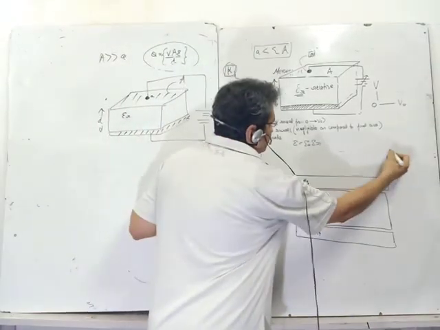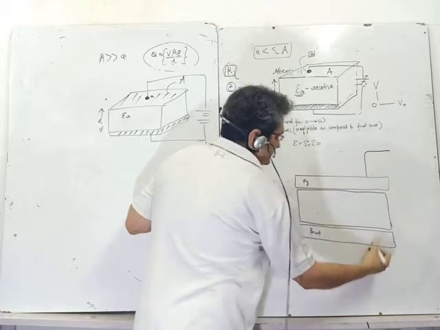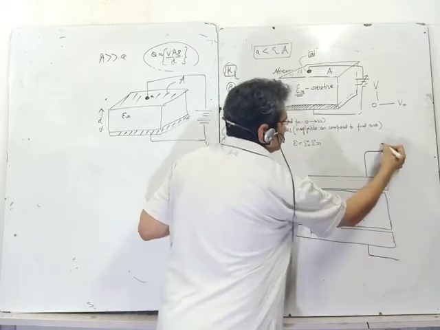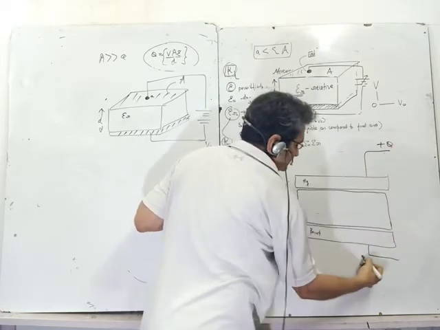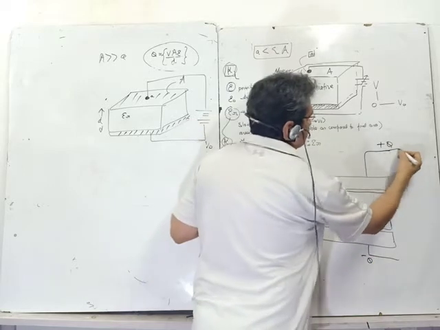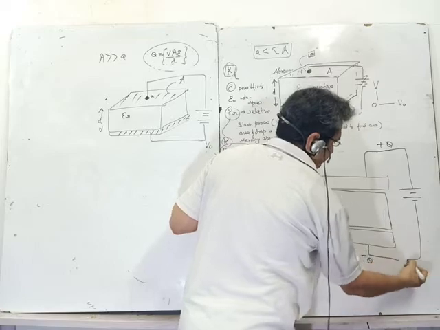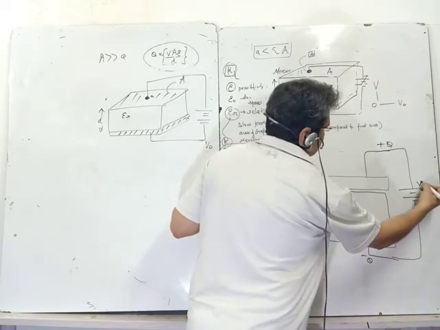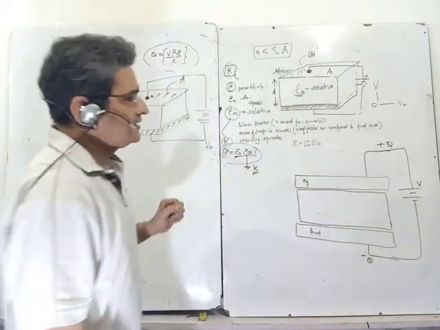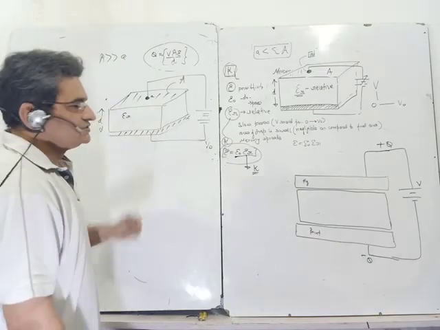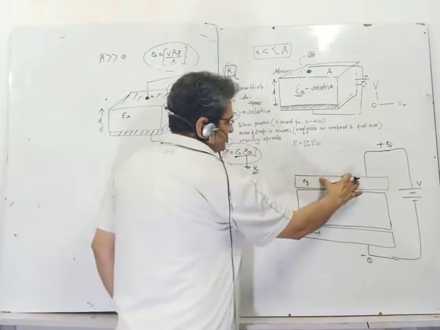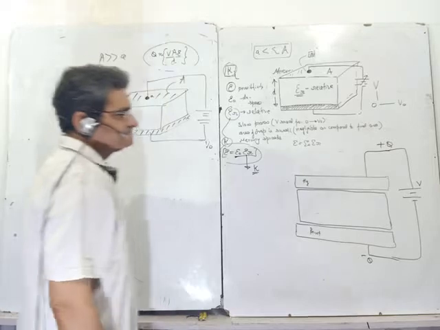So if the supply is giving positive charge here and negative charge here, this has to come from somewhere, and it will come only from the battery. At a certain moment the battery has voltage V and it has supplied the charge Q. This charge Q comes to this conductor and this conductor.